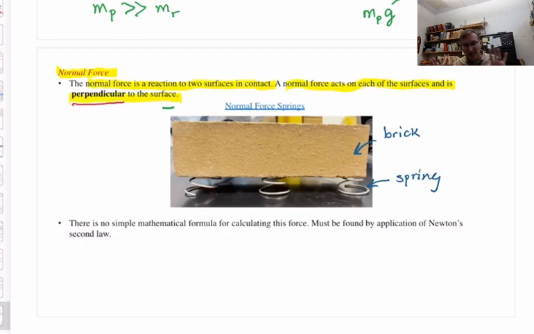And the brick is just sitting there resting. Now I think you can imagine that when you put the brick on these little coiled springs, they compress a little bit. And when you compress a spring, we'll learn, it tends to push back on whatever is compressing it. The brick is pushing down, compressing the springs down, so the springs react by exerting a force up on the brick.